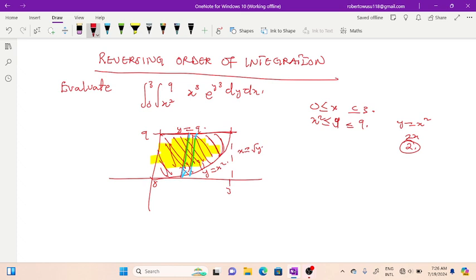So now see something. When you want to integrate with respect to y, moving parallel to the y is what gives you the limit for y. But now that you want to integrate with respect to x, you have to move parallel to the x. And moving parallel to the x is similar to traversing your y. That is the opposite thing here.